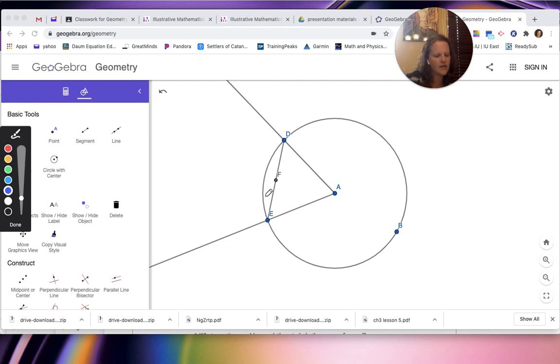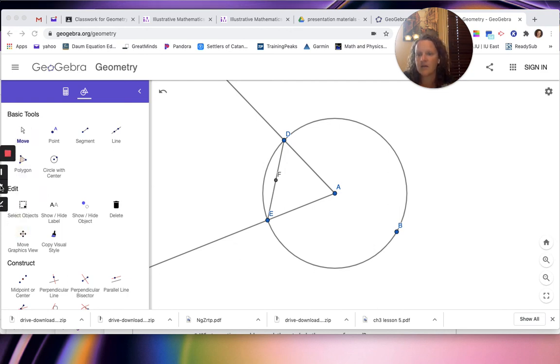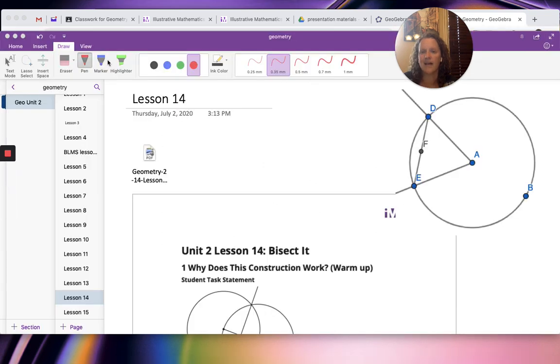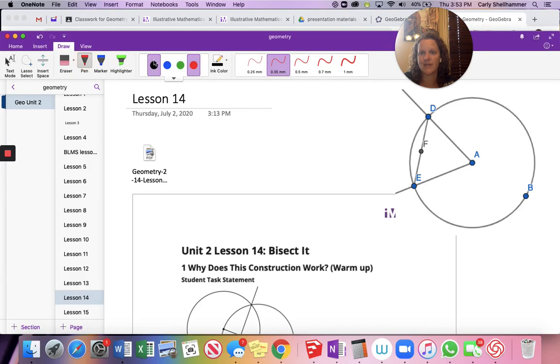Now each student tried to justify, using the ideas you heard in ways each student could make their explanation better. Write your own explanation for why AF must be an angle bisector. I can do that in 1 second. I needed to be able to draw so that you could see it for longer periods of time. So we are trying to prove that AF, what are we trying to prove? Must be an angle bisector.